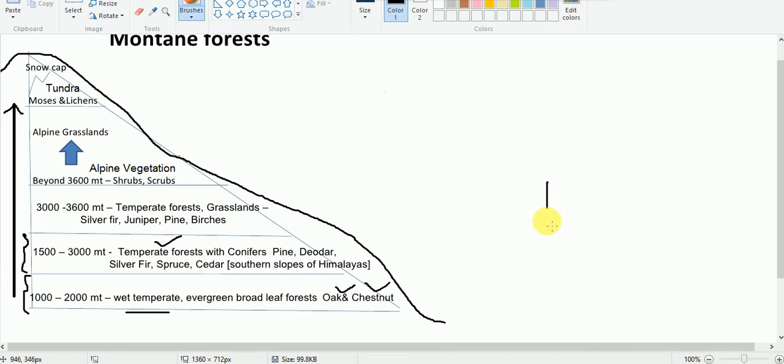Coniferous means having this conical shape, these crowns. Coniferous trees like pine, deodar, silver fir, spruce, cedar, mainly on the southern slope of the Himalayas.